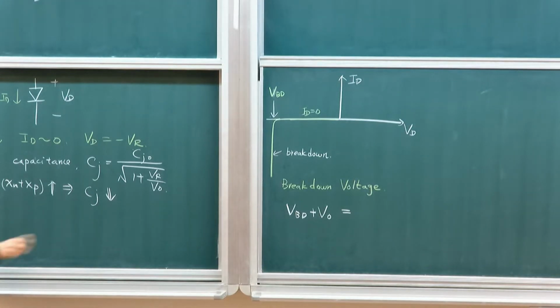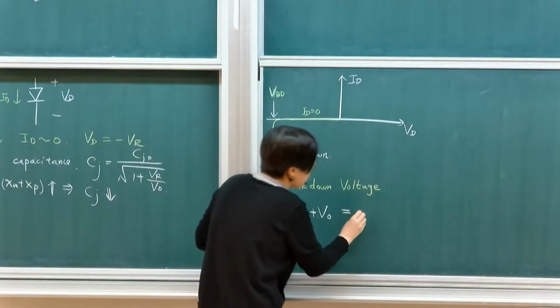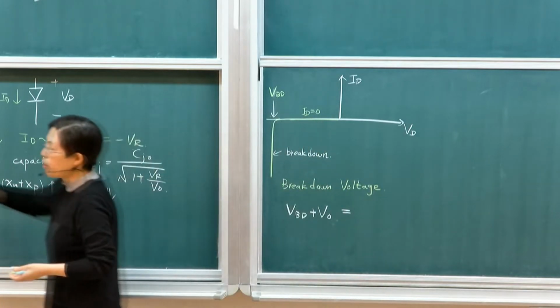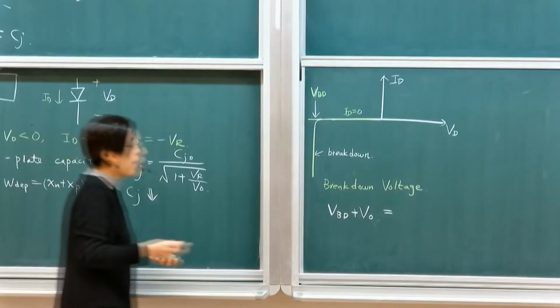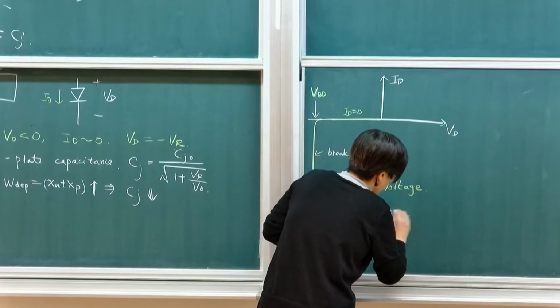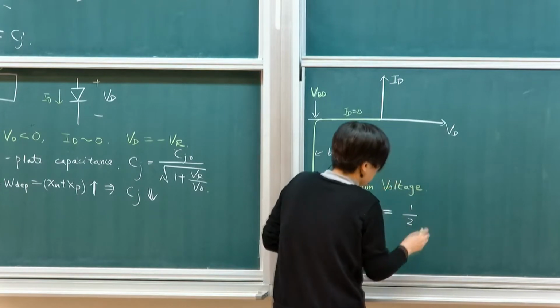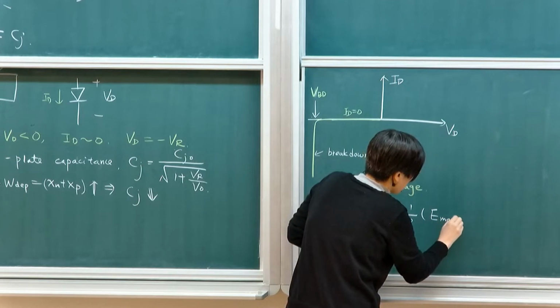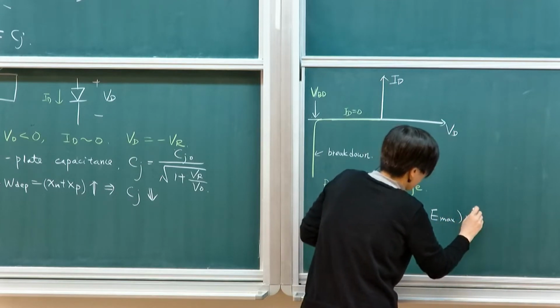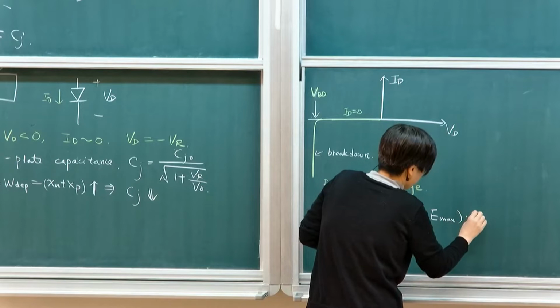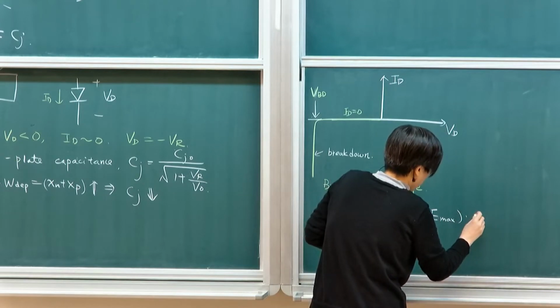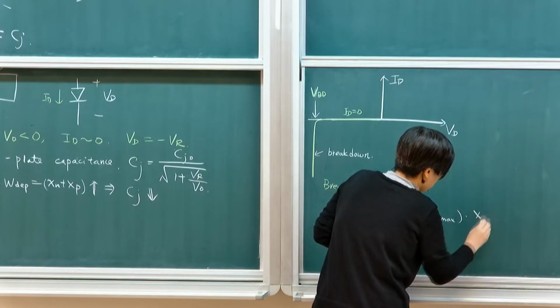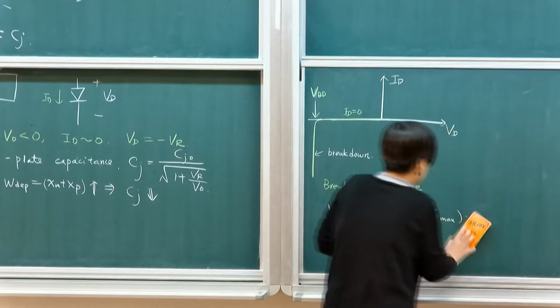Let's just draw it, so we know that this voltage is sustained by the triangle area. The triangle area will then be 1/2 times the height, E max, times the width. I'm just going to use W depletion.